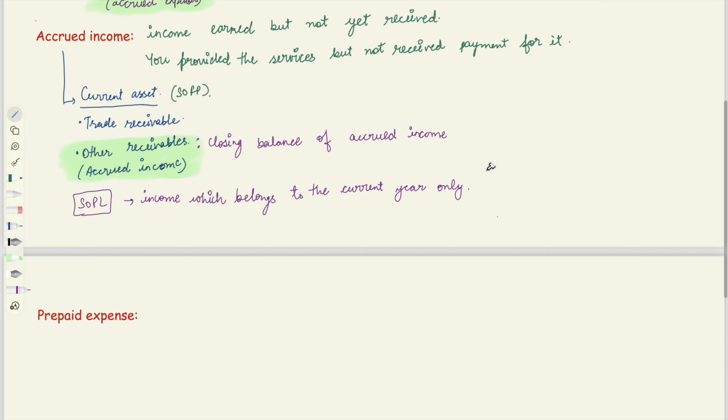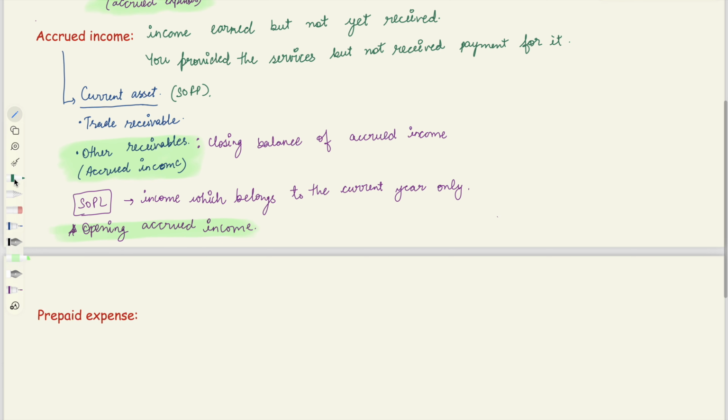Okay, so the same treatment as we did for expenses, we need to minus the opening accrued and we need to add the closing accrued, because opening accrued income, let's write it down. What do we have? We have opening accrued income. Opening accrued income is income which I earned last year but was not paid.